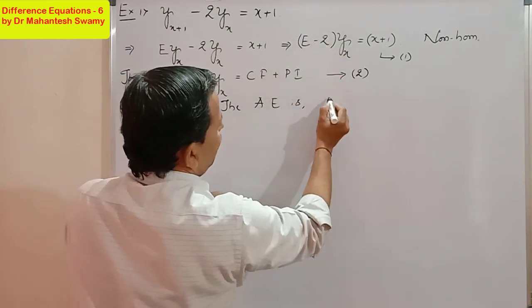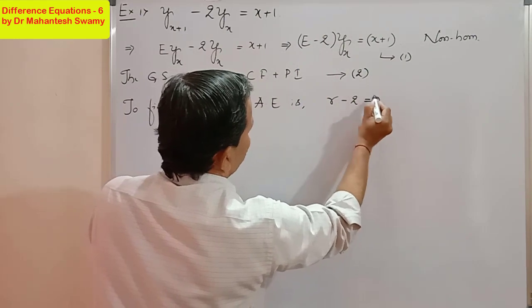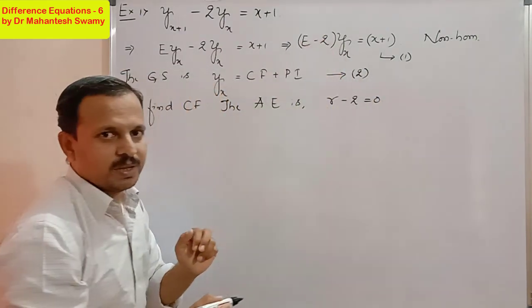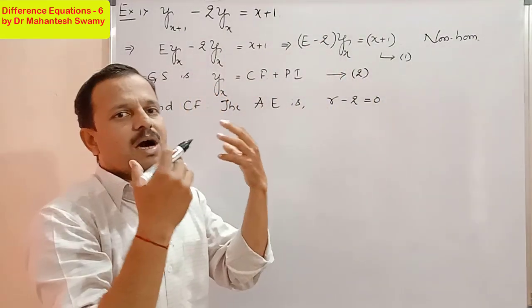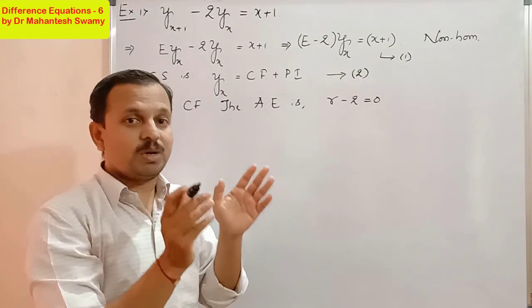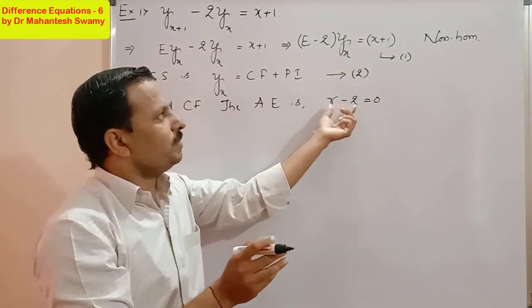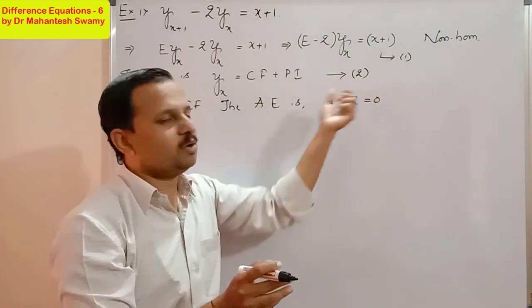In this bracket we have to replace E by r and everything as it is equal to 0. Only the bracket we have to consider. We have to assume here that RHS is 0, that is, we have to imagine that the difference equation is now homogeneous. Therefore, we can write the auxiliary equation simply by looking at this bracket and equate it to 0.